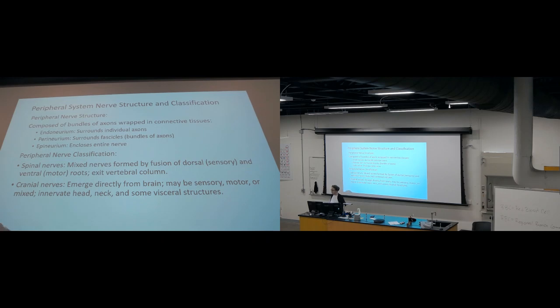Okay, so now for the peripheral nerves. The peripheral nerves are composed of axons. Sometimes they can be myelinated, sometimes they are not, depending on the axon. But basically, a nerve is a bundle of axons wrapped in connective tissue membranes.